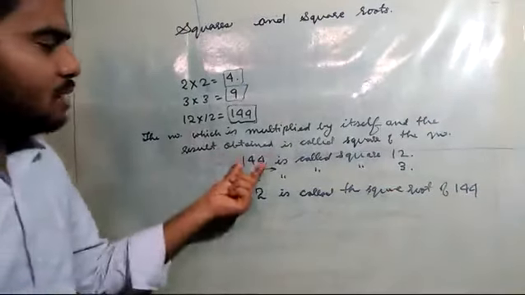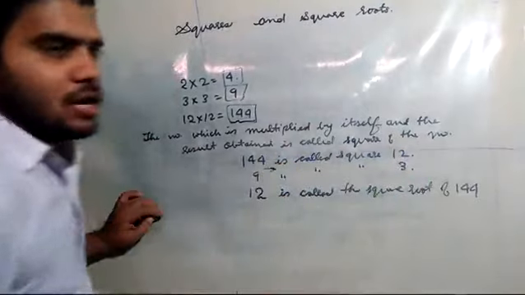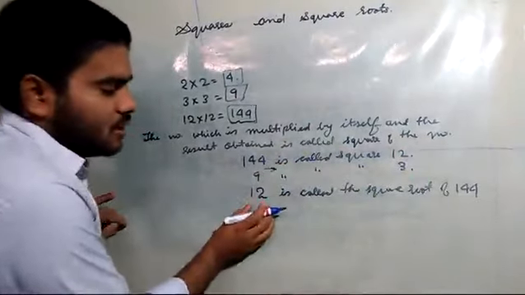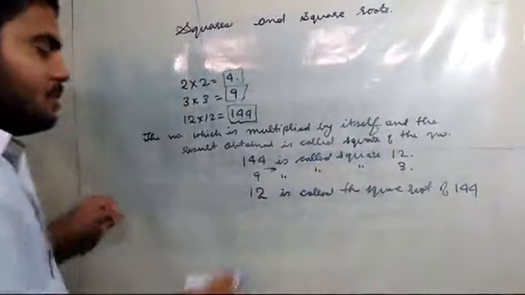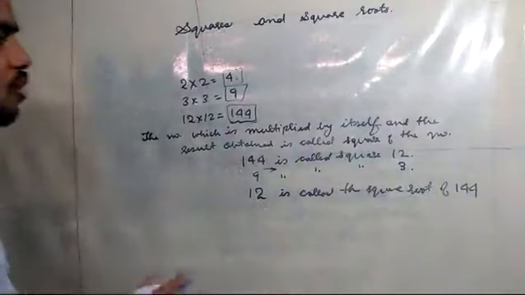If we read from the bigger number to the smaller number, we call it the square of the smaller number. If we write smaller number to bigger number, then this number is called the square root of 144. I hope you understood.